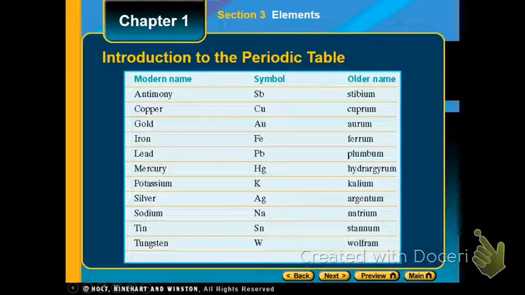Some of the more common ones there at the bottom, tungsten is a W, and its older name was wolfram. And I've also got gold, AU, and its original Latin name was aurum. So again, look at these, write down at least a couple of them so you're familiar with why some of the names and symbols do not match up.